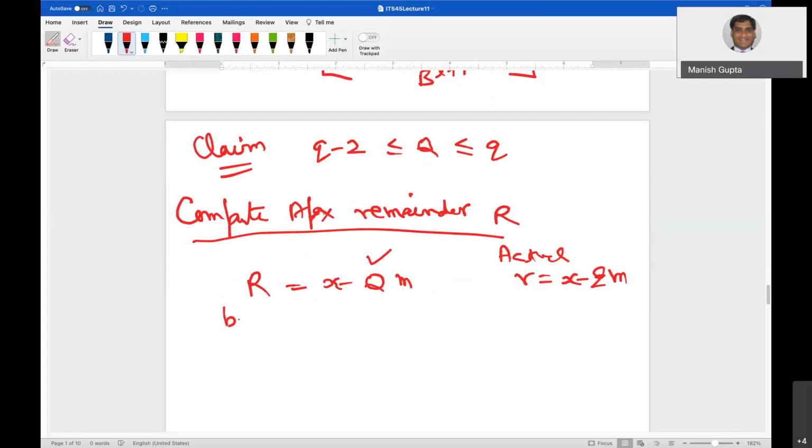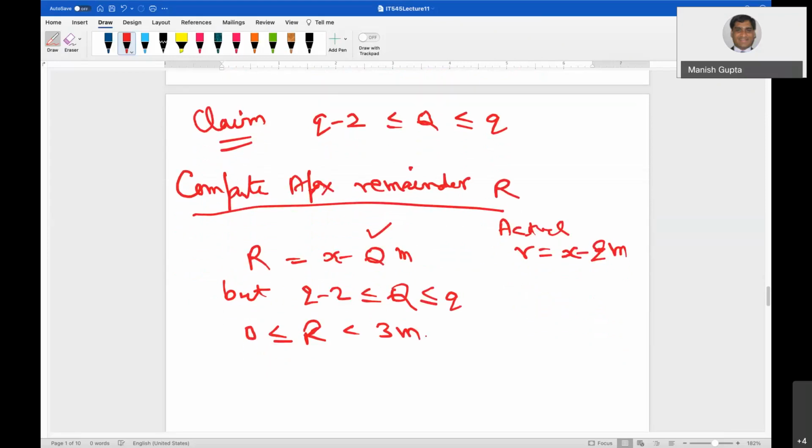Now we know that q minus 2 is less than or equal to capital Q, which is less than or equal to q. Using this inequality, you can show that the approximate remainder cannot exceed 3m. Okay.